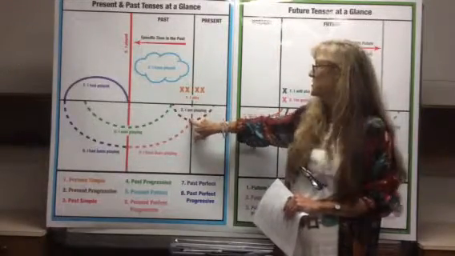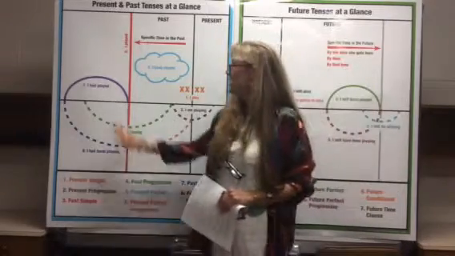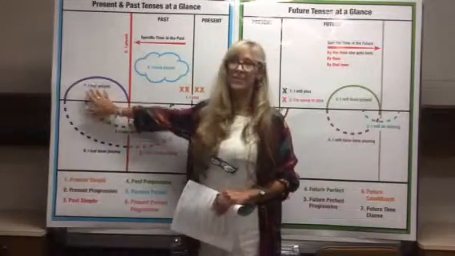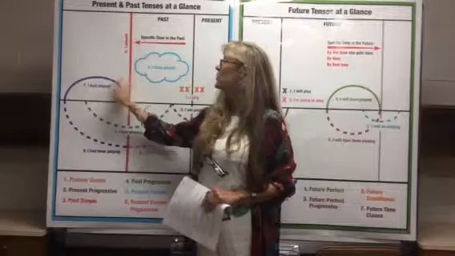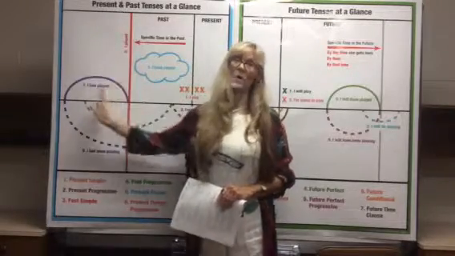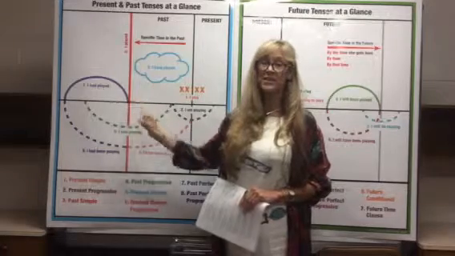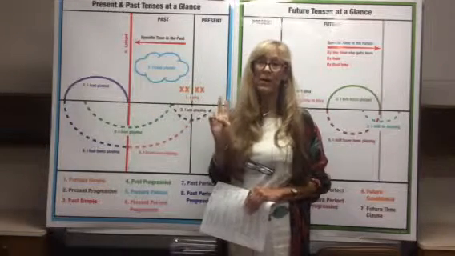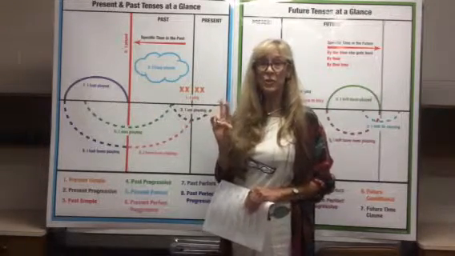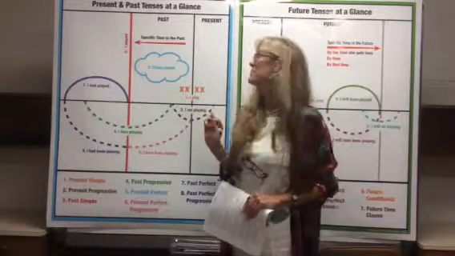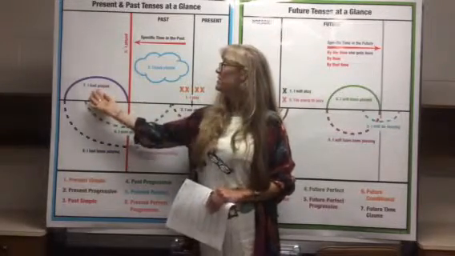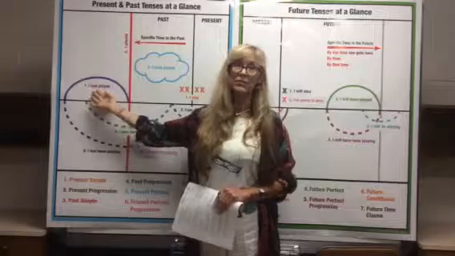I'm not finished. Okay, then we have past perfect. Past perfect is represented always by two events in the past. You don't use this tense unless you're talking about the relationship of two past events. Okay, so the first event will go in past perfect.